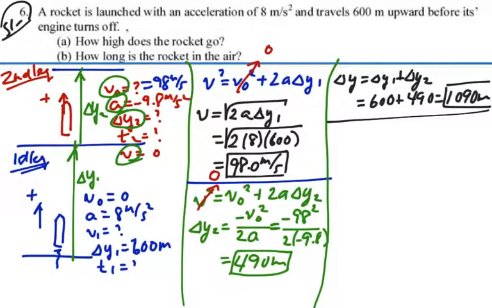How long is it in the air? Well, let's look at the first leg again. We know that our final velocity will equal our initial velocity plus acceleration times time 1. Our initial velocity for the first leg is 0. So T1 is going to equal our final velocity divided by acceleration, which is 98 meters per second divided by 8 meters per second squared, and that is equal to 12.25 seconds.